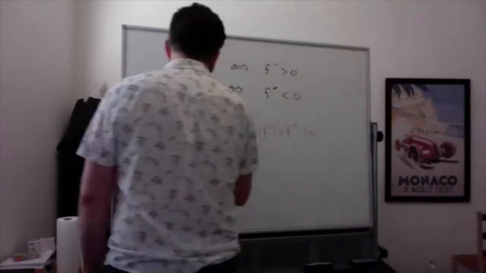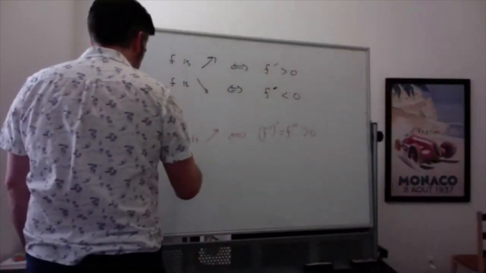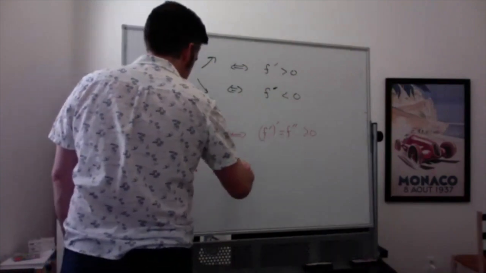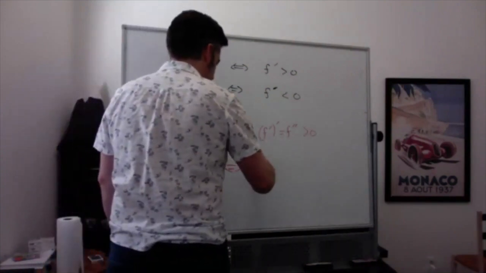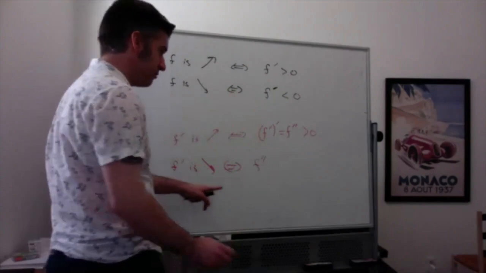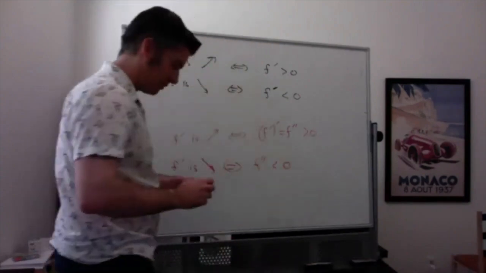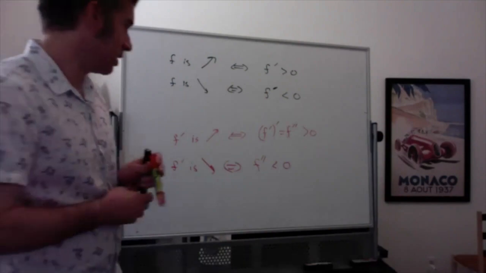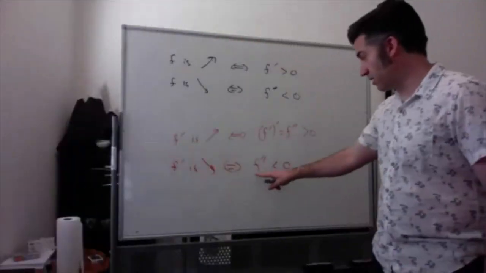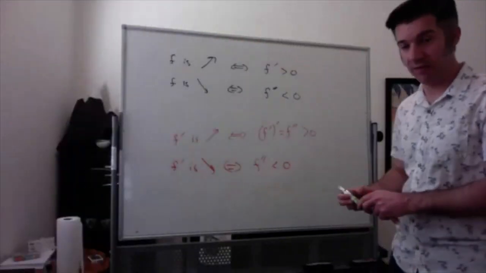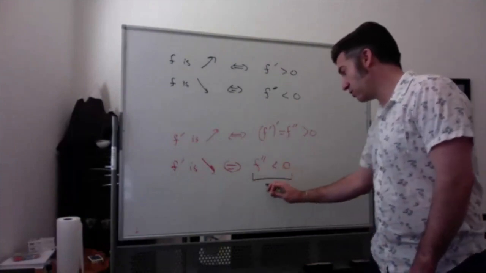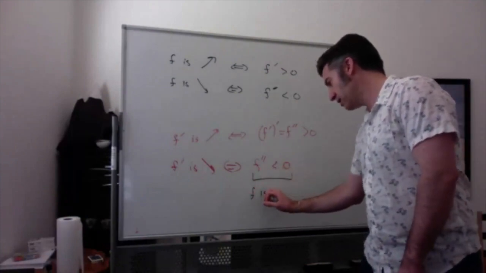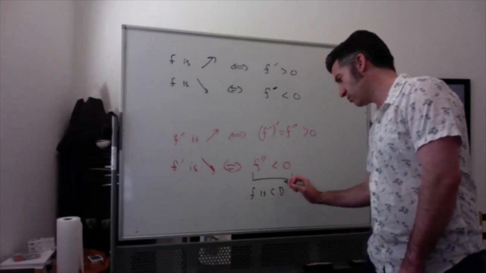And in a similar way, if f prime is decreasing, that's the same as saying that the derivative of f prime is negative. But we know some stuff. We know that if f double prime is negative, you're saying that the original function f is concave down.